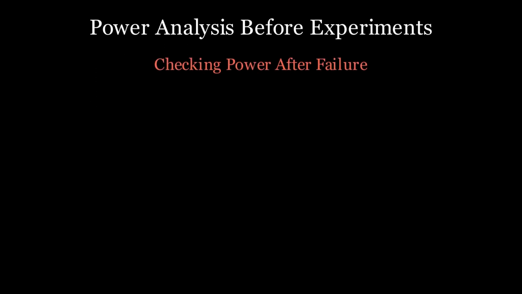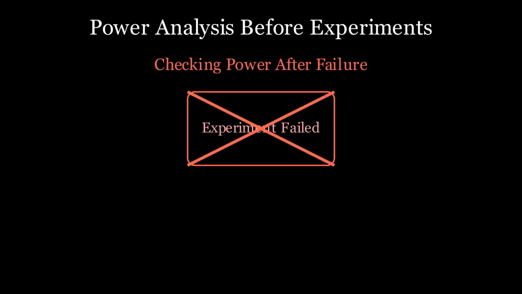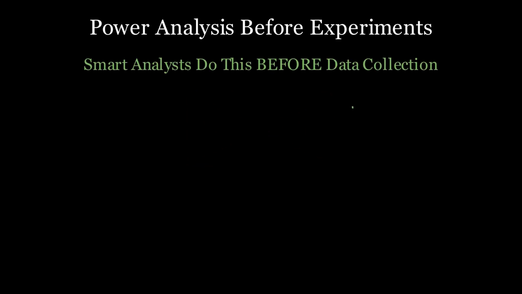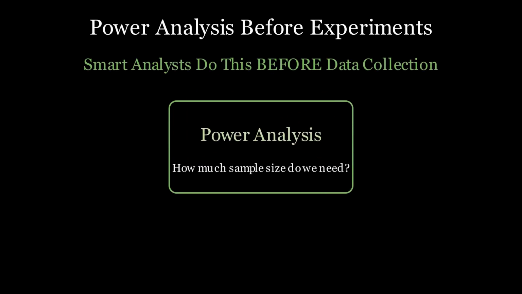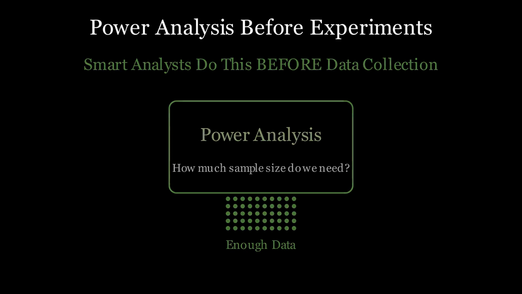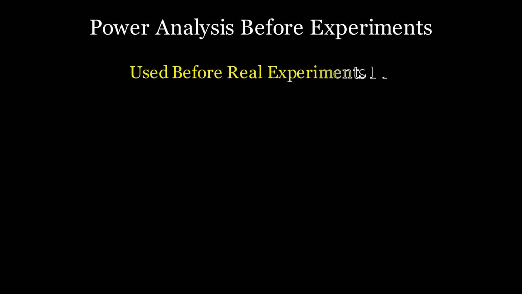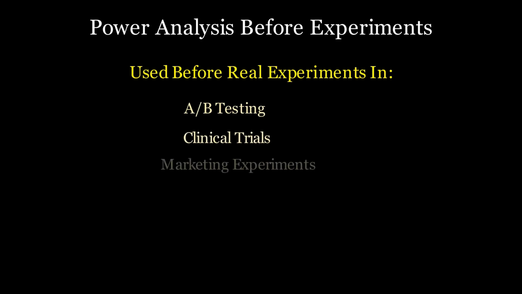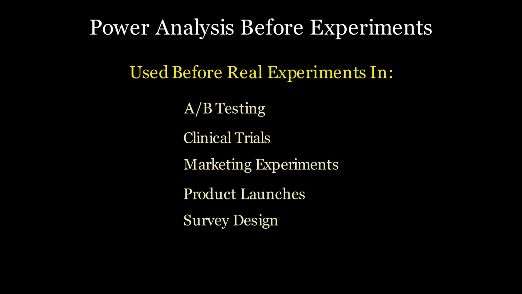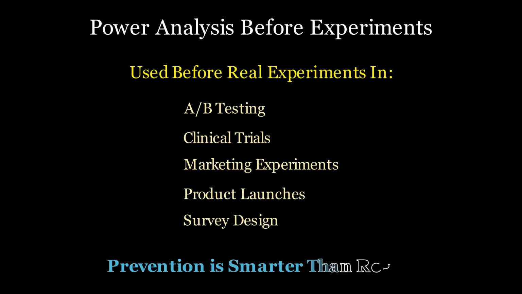So instead of checking power after failure, one of the smartest things analysts do is power analysis before collecting data. This answers how much sample size do I need before wasting resources. This matters in A/B testing, clinical trials, marketing experiments, product launches, survey design, because prevention is smarter than regret.